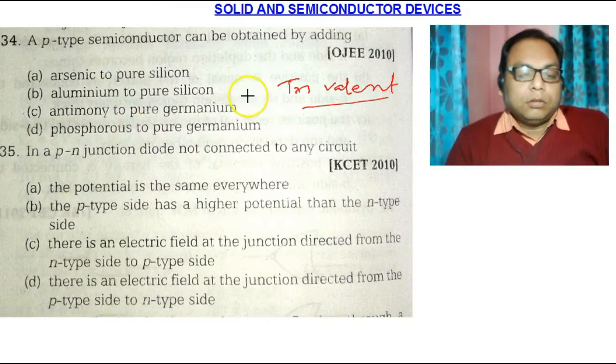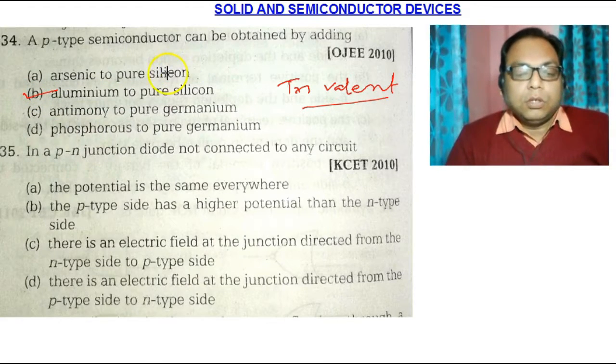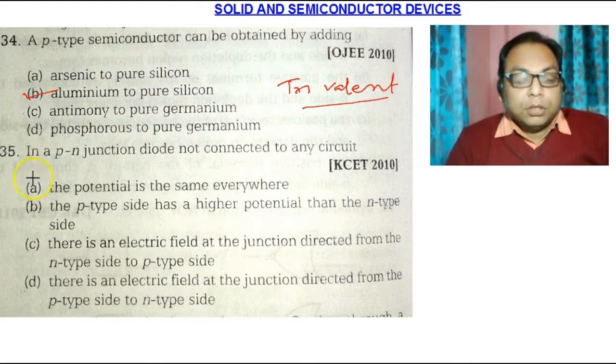Let's see which one is trivalent: arsenic, aluminum, antimony, and phosphorus. So aluminum is the trivalent, which we can add to form a p-type semiconductor.